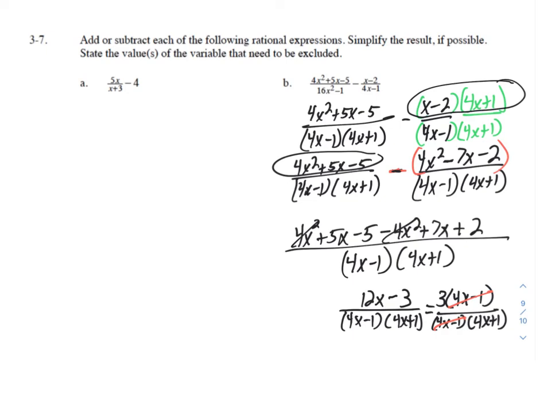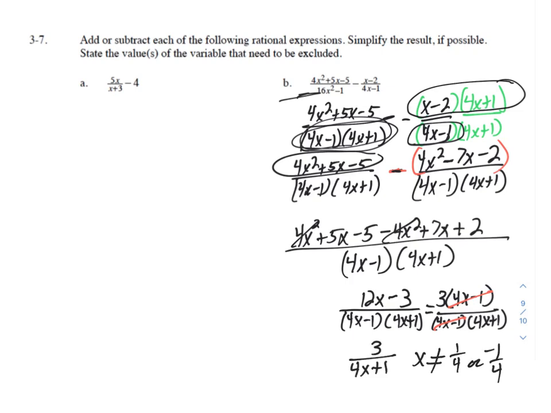And I'm left with 3 over 4x plus 1, where x cannot equal, well, if I go back to my original problem and take a look at everything in the numerator, x cannot equal 1/4 or a negative 1/4.